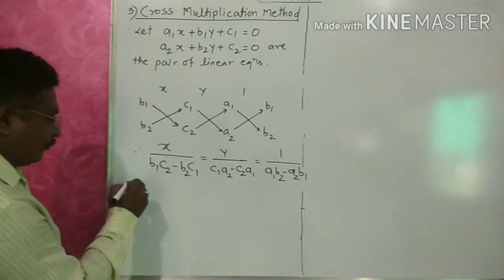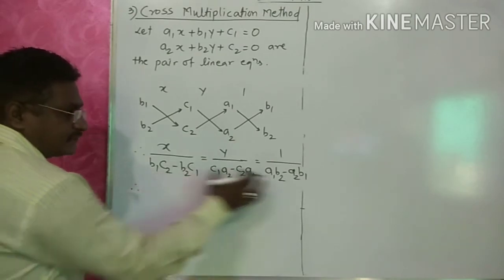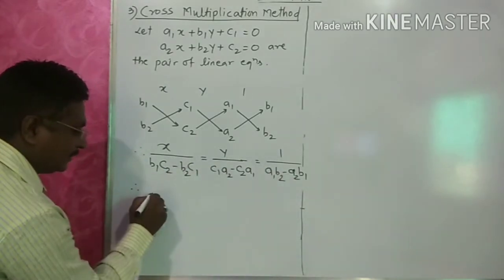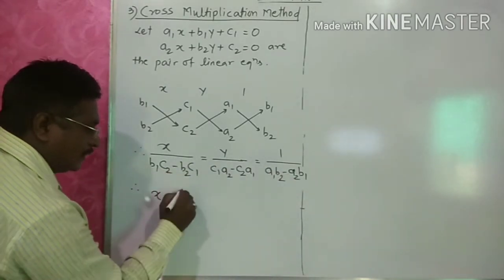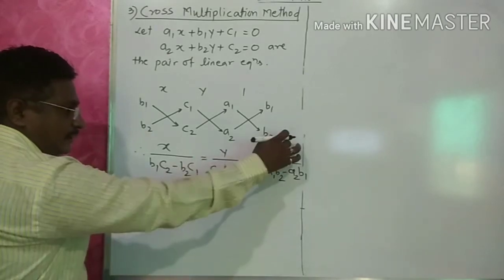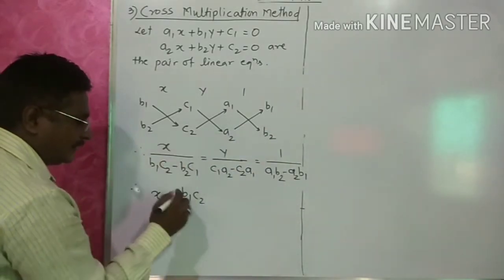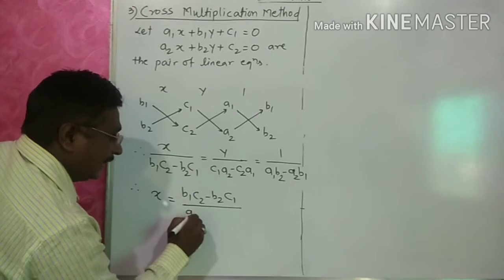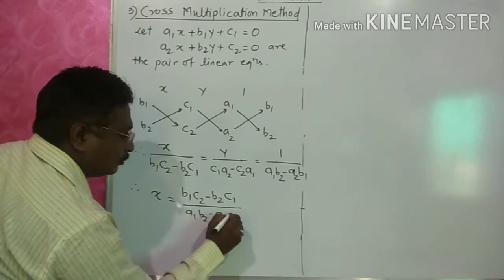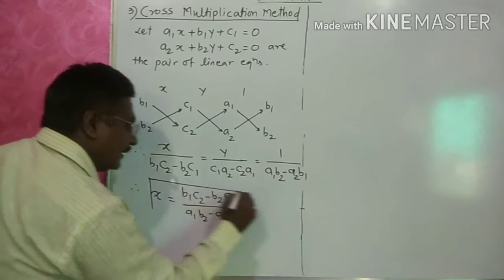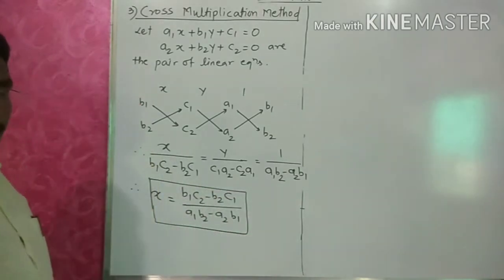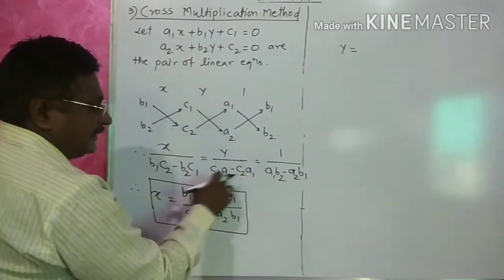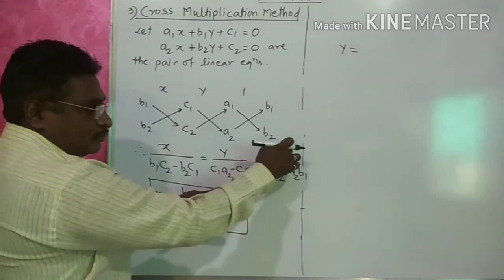Now how to find the value of x? So compare first and third, second and third. If we compare first and third, what will we get? x equals b1 c2, this will go here, cross multiply. So we get b1 c2 minus b2 c1 by a1 b2 minus a2 b1. This is the value of x. Understood this? Now y. So second and third have to be compared, so this has to be cross multiplied here.